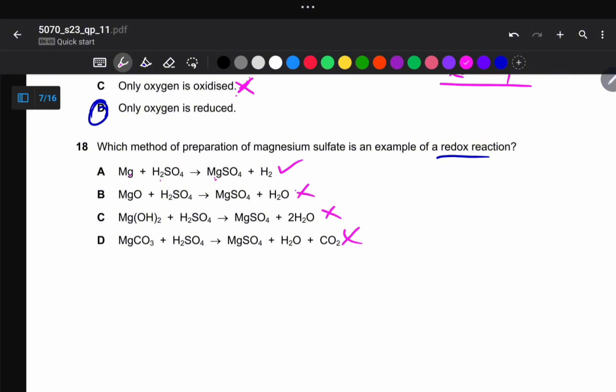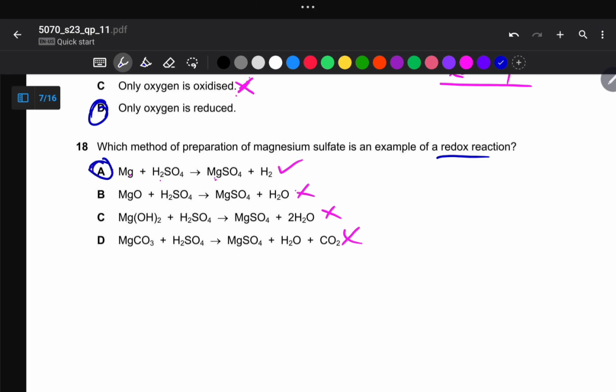So the reaction is called a neutralization reaction, meaning to say it is neither acid nor basic, but neutral. The reaction chamber remains neutral. Are we together? So this one becomes false, and then the correct answer is A.